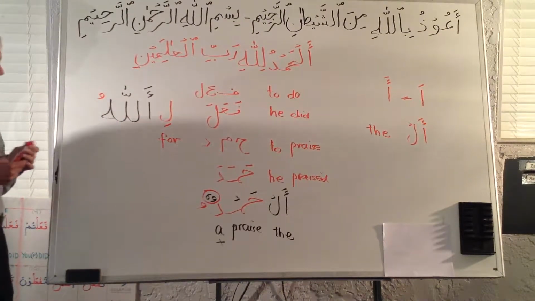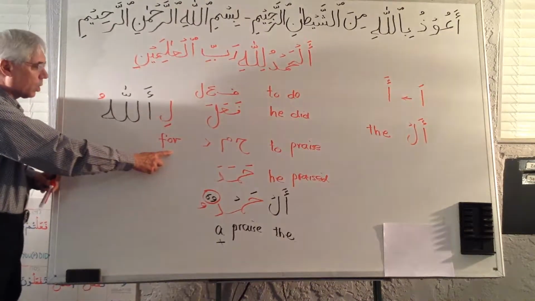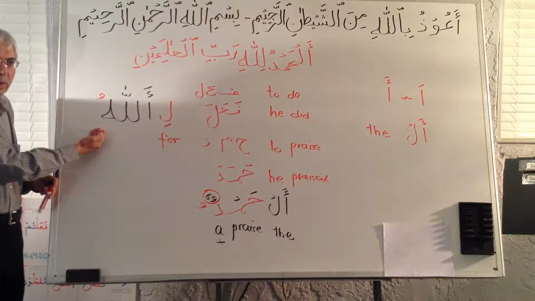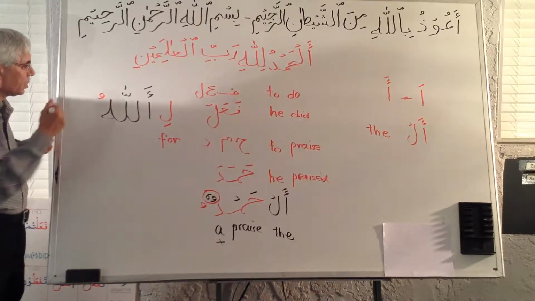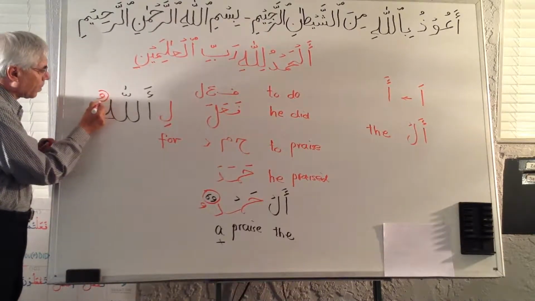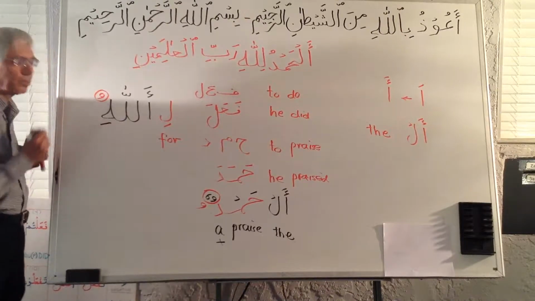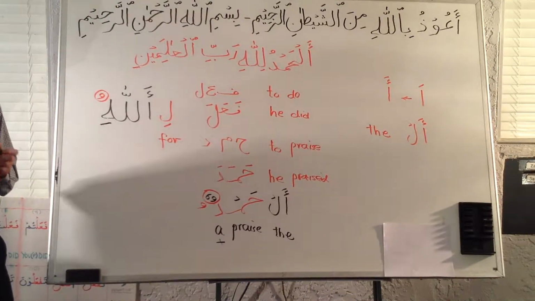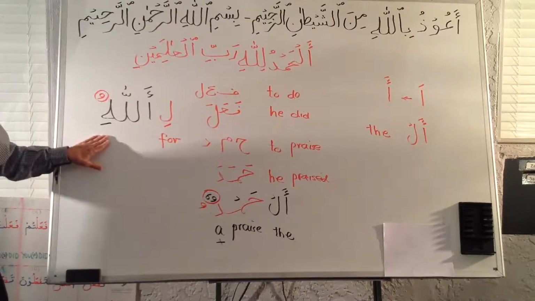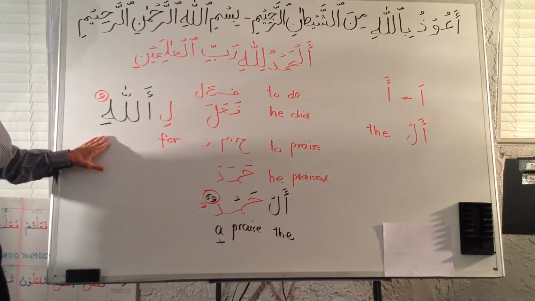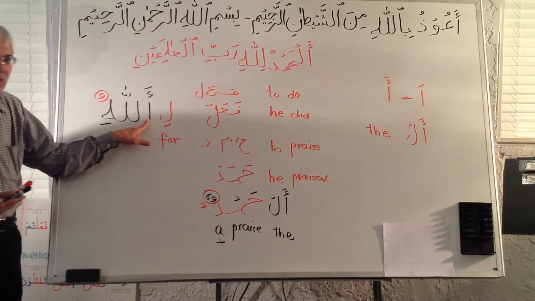The first thing that happens is that this letter li, with the meaning for, has an effect on this word. The first effect is that it takes this dhamma and transforms it into a kasra here. So the sound of dhamma or pesh changes into the sound of kasra or zair. Number one. Number two, this kills the sound of this alif here.